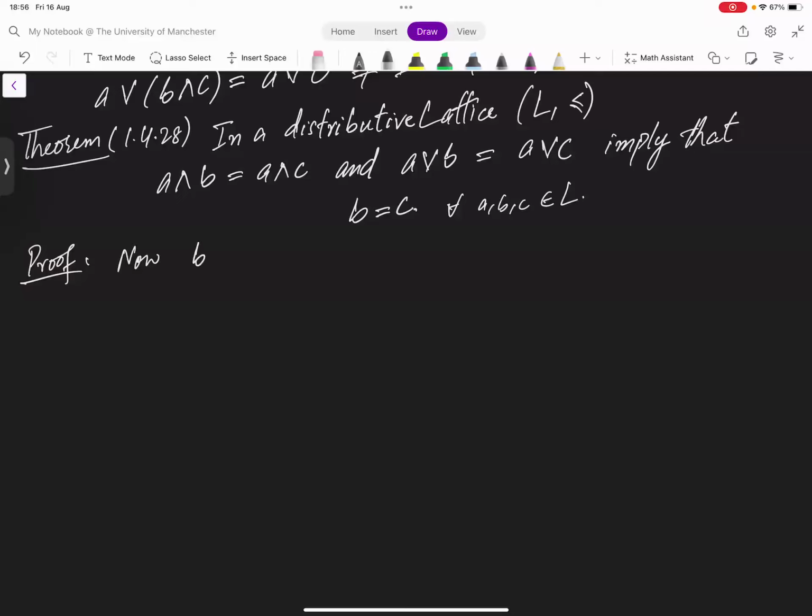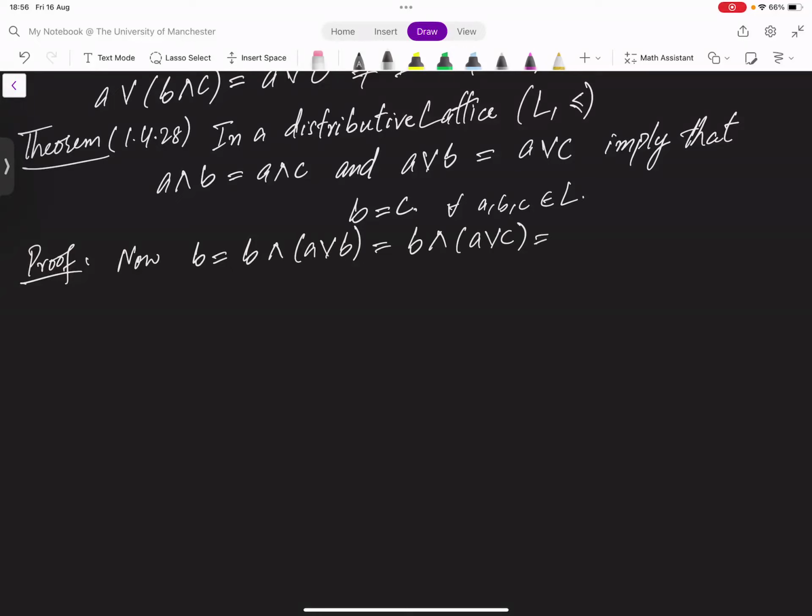Now, B can be written as B and A or B, which is also B and A or C. Right?